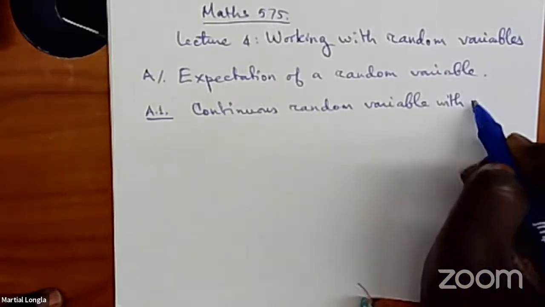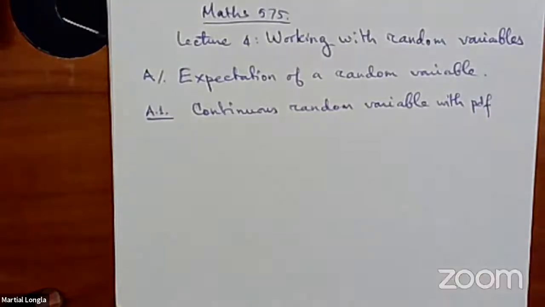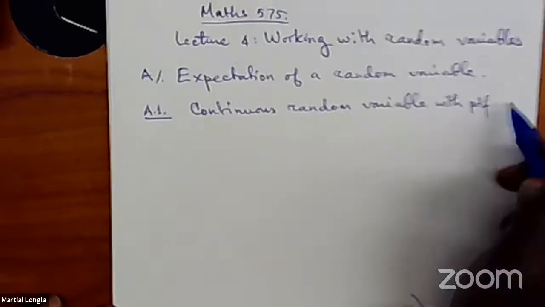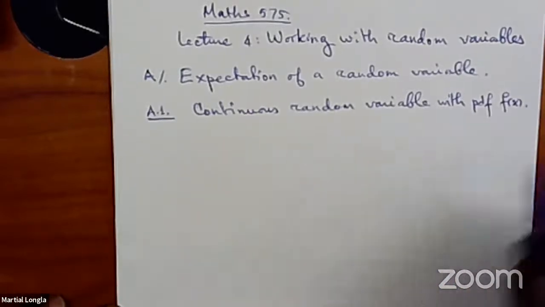And we say the continuous random variable has a PDF, which means probability distribution function, little f of x.